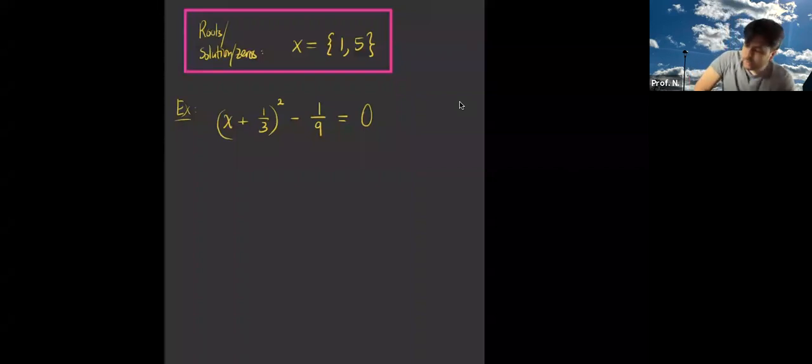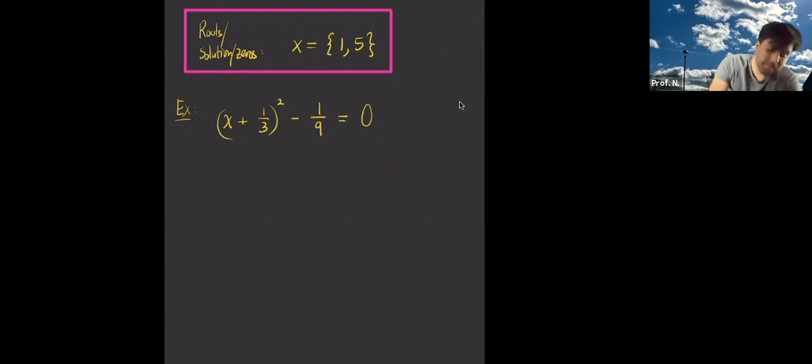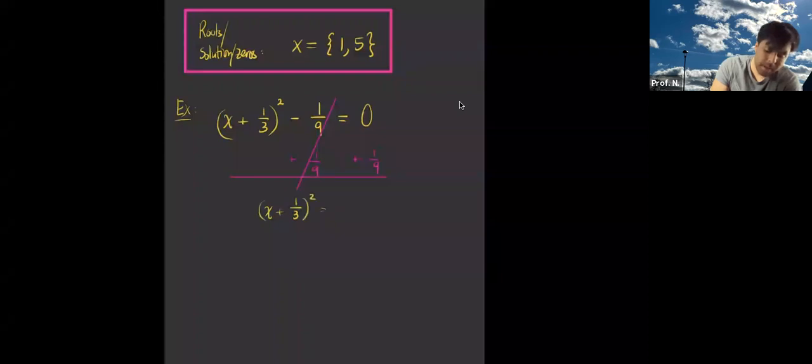You can have radical fractions. What do you do here? I have a square term and I have a constant. I should move the constant to the other side first. The 1/9 on the left side goes away. I'm left with x plus 1/3 squared equals positive 1/9.